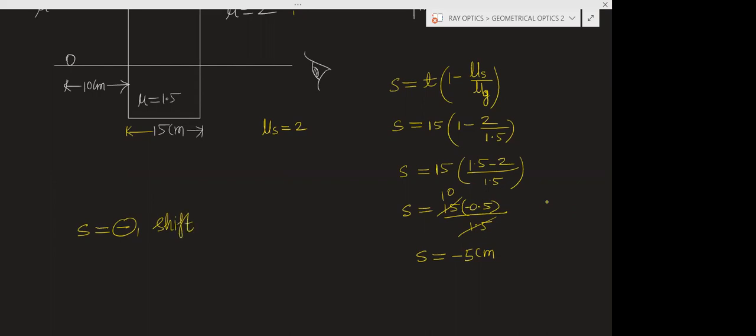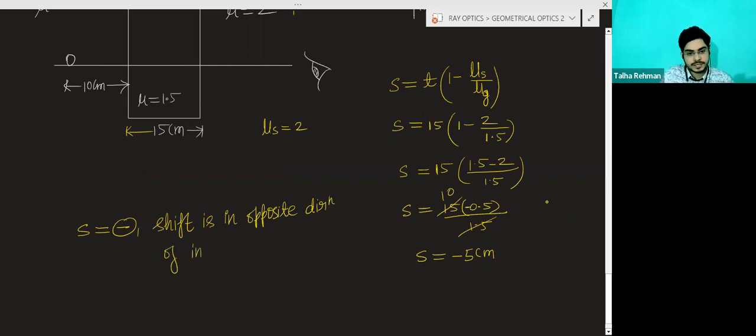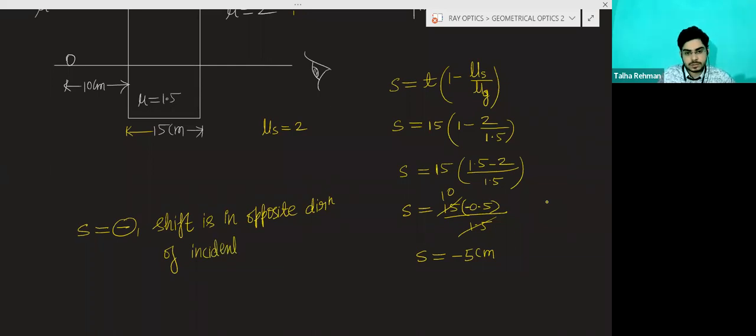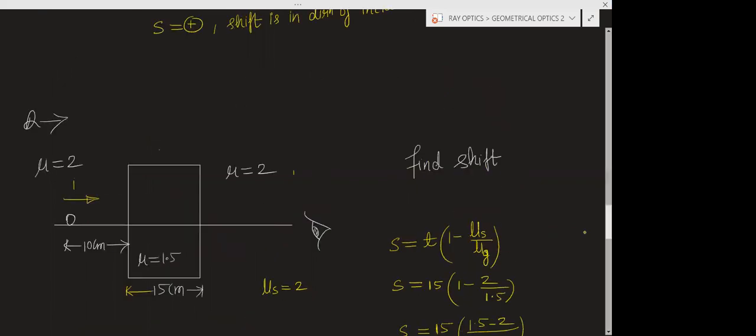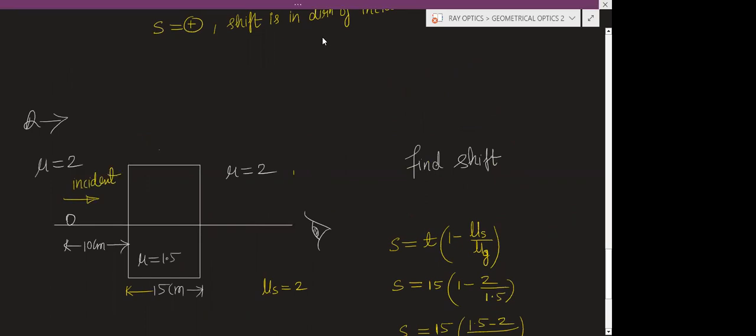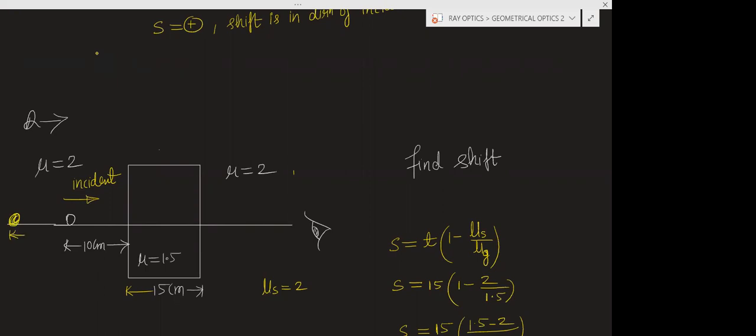The direction of the incident ray will be in this direction, so this object will appear somewhere here, and this will be the shift of 5 centimeter.